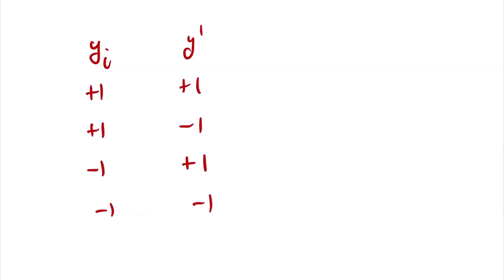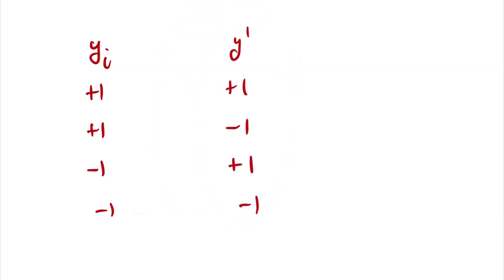Let's consider all cases. yi is the true label and y prime is the prediction. So if yi is +1 and y prime is +1, there's no mistake. +1 and -1 means there's a mistake. If yi is -1 and the prediction is +1, there's a mistake. If both are -1, there's no mistake. But why is the prediction plus or minus?